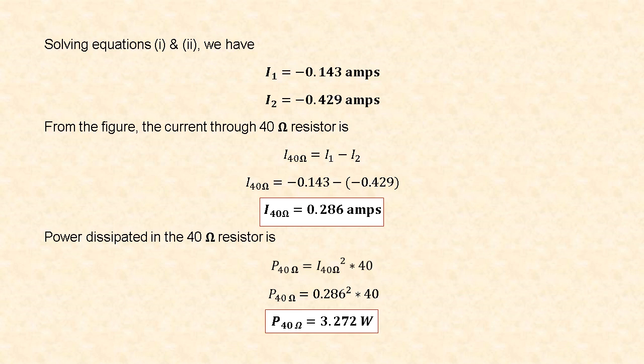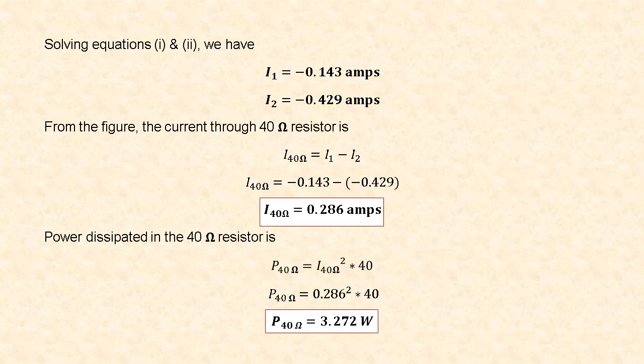Here we are considering I1 is superior to I2. Substituting for I1 and I2, minus 0.143 minus of minus 0.429, we have the current through the 40 ohm resistor as 0.286 amps.